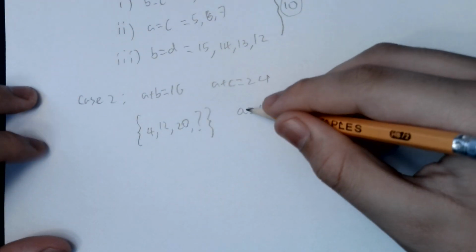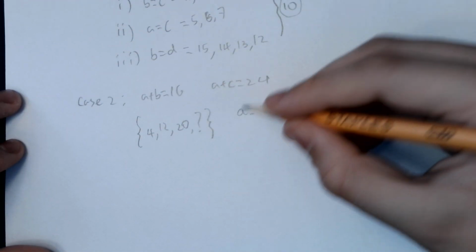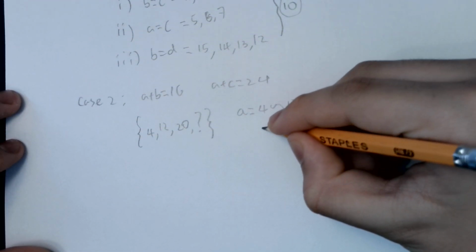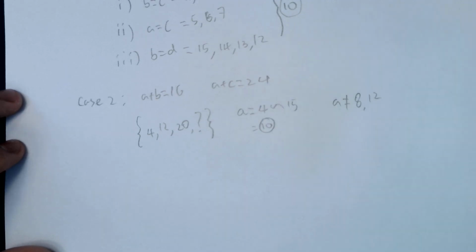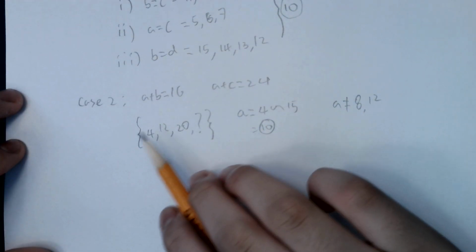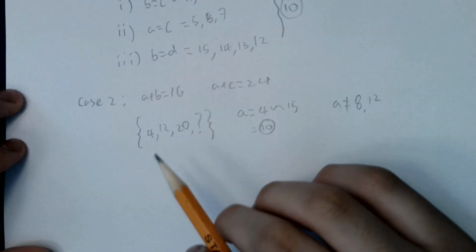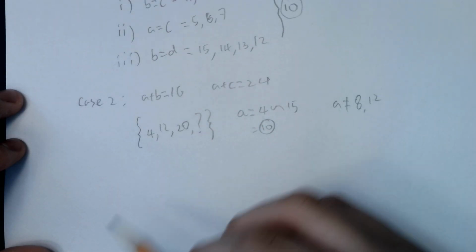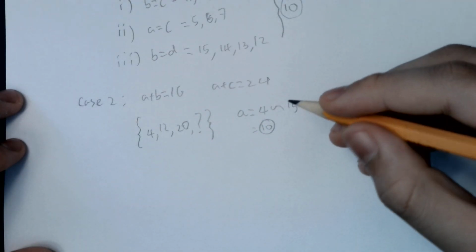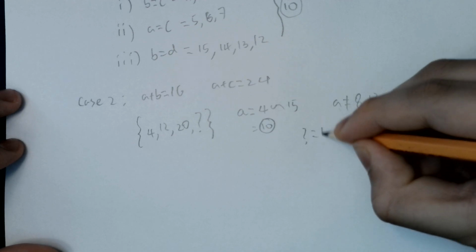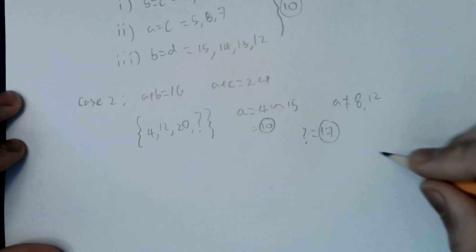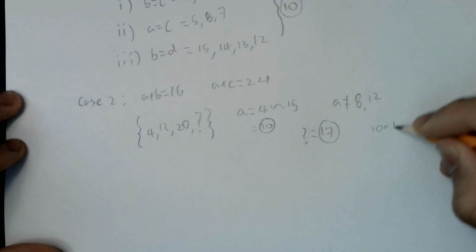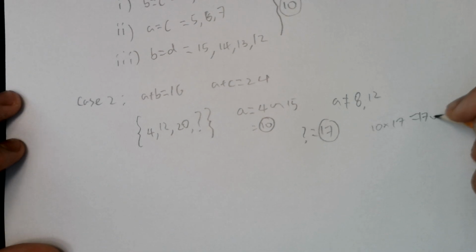So there are 10 possible values for A. For the question mark, we have 3 elements already chosen out of 20 numbers, so there should be 17 possible answers. So this should be 10 times 17, or 170.